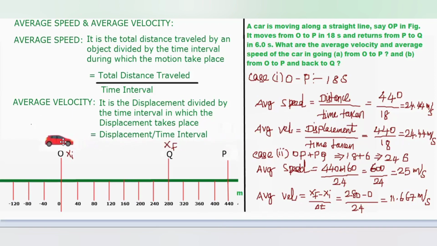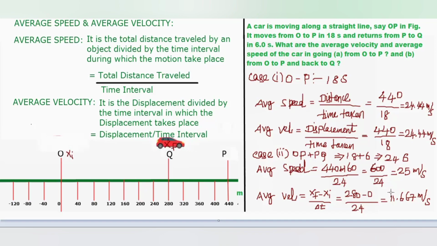But in the second case, O to P and back to Q, from O to P, then return back to Q, this will be the initial position and this will be the final position. So the speed and velocity values will vary.